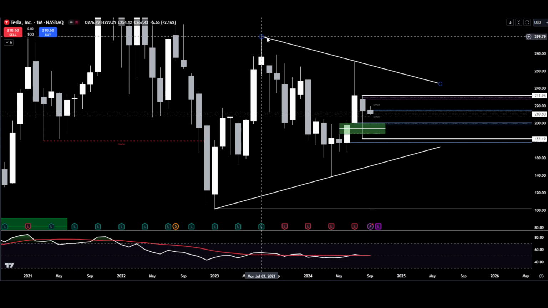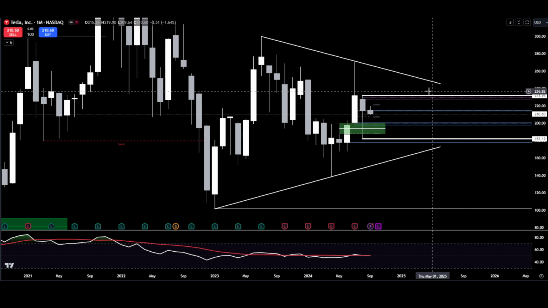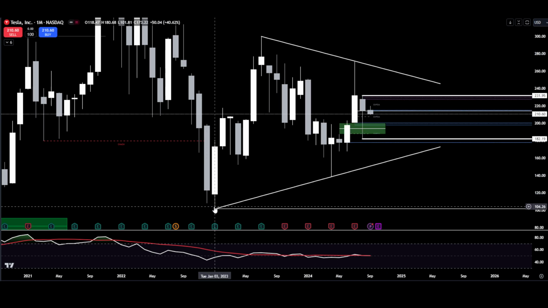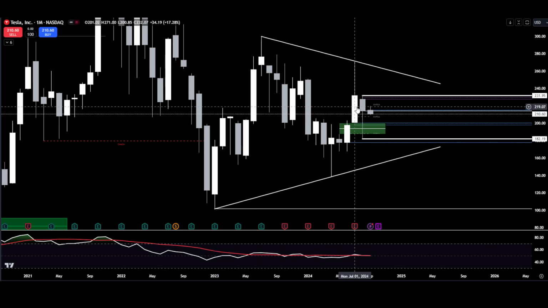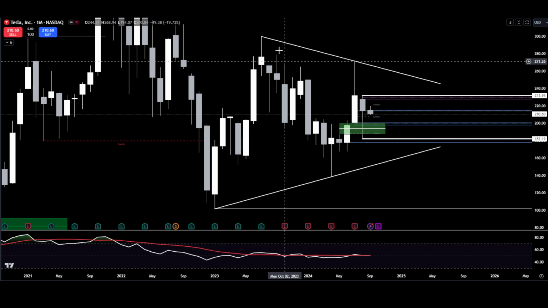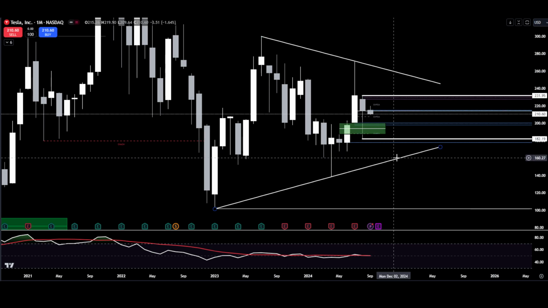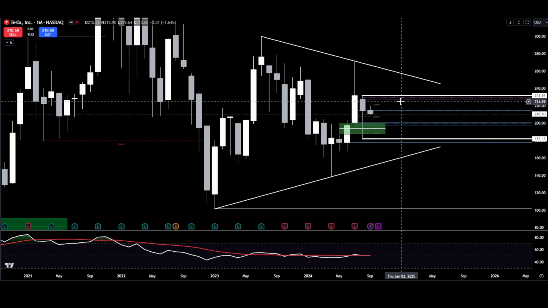I also drew the triangle or the wedge that we're in right now on the monthly chart. And that's from the low of January 2023 to the high of July 2023. And then that captures July 2024's high and then the low of April 2024. So currently we're inside this wedge, or this triangle pattern that's eventually going to break up or break down, right?